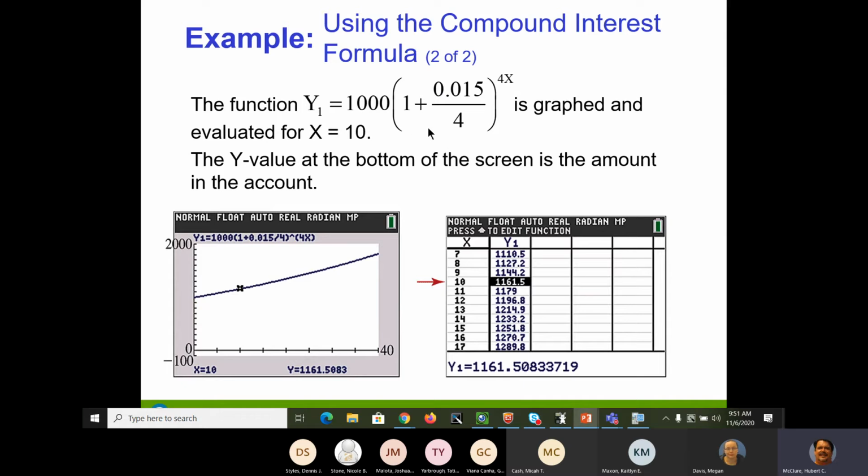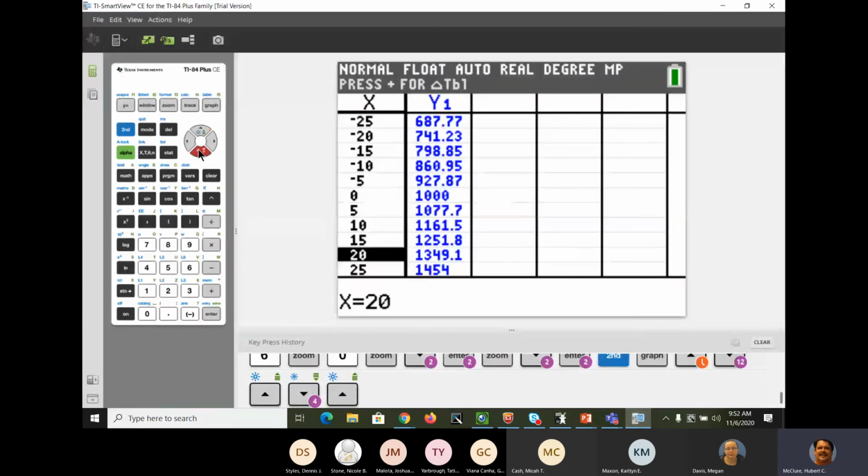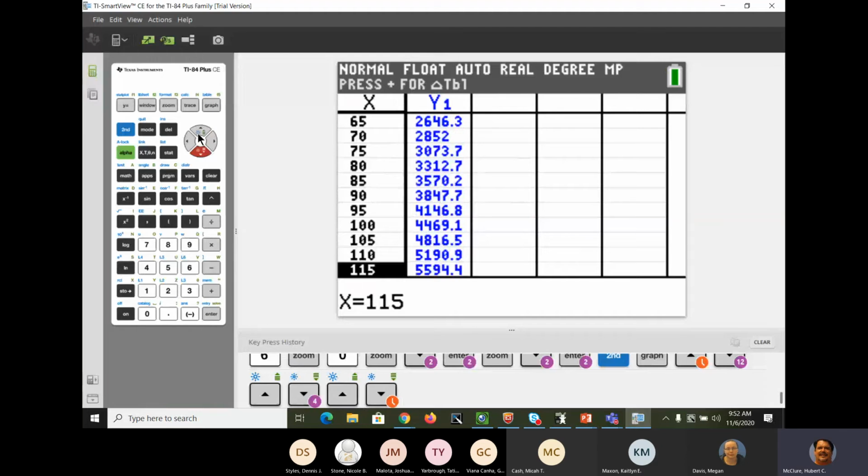So that would be a good test question. I would ask this test question on a test. I would say, given this formula, how many years would it take you to double your money? Well, you'd have to find 2,000. So you'd go to calculator. It might not even be on there because it's unrealistic. No, there it is. $2,000.